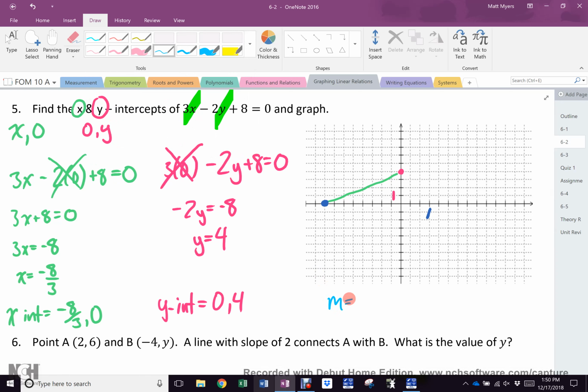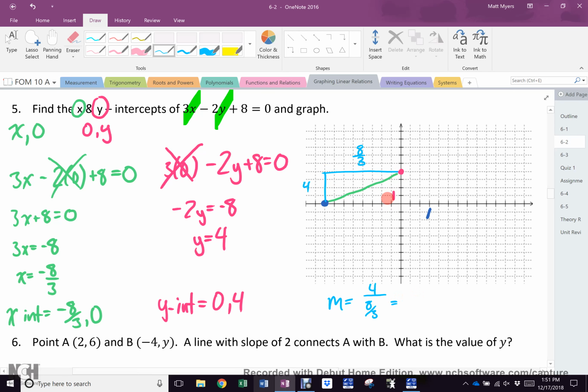Other way around. 4, because you do rise of 4 over a run of what? Is that 8? No, what is it? It's 8/3. So it is 4 divided by 8/3. Everybody understand? Even though it's on a graph, because the scales are different, we can't count it.